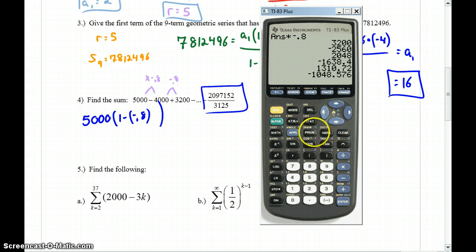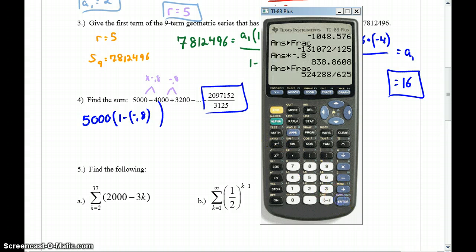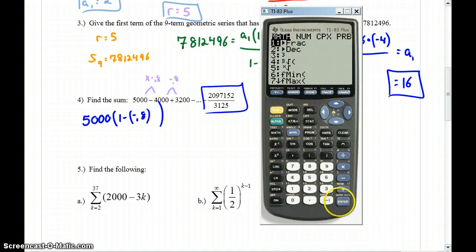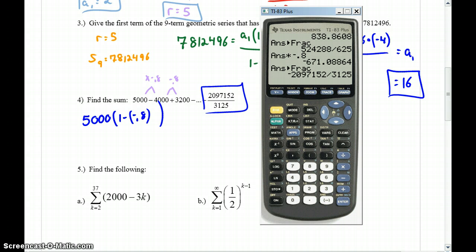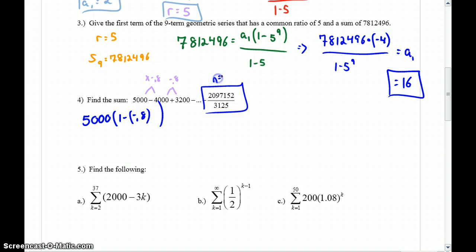Oh, I need these to be fractions. Not there yet. Ninth. No, not there yet. 10th. There it is. And n equals 10. So I'm going to raise this to the 10th power, all over 1 minus negative 0.8.